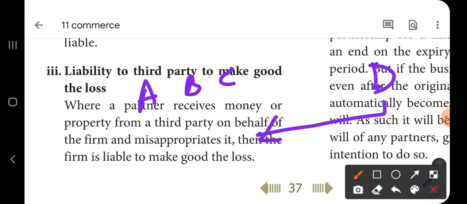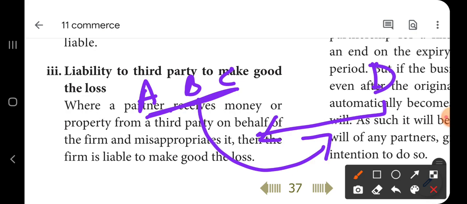In that case, because of the negligence of the partners or of the staff, the machinery has been damaged. All the 3 partners have to compensate the loss to the third party, for the assets, for the property.